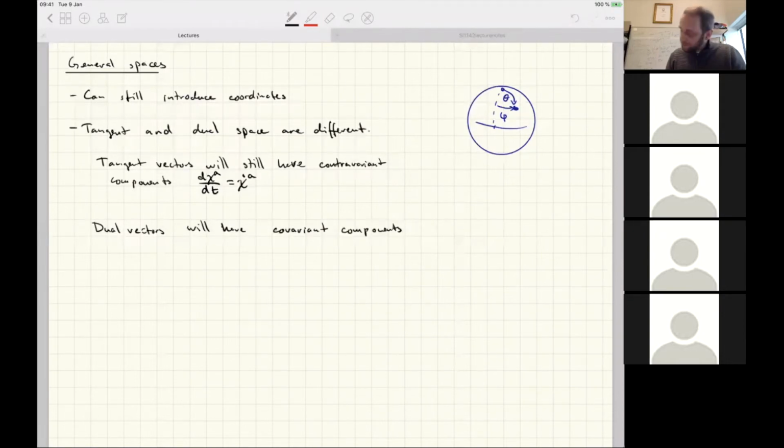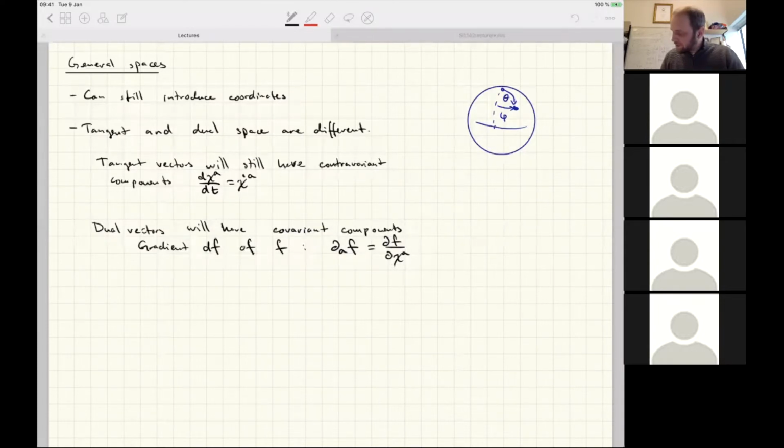So for example, the gradient of a function f, which I will call df, is going to have components ∂_a f, which as before is just the derivative of f with respect to the coordinates. And again, I'm not going to go into too much detail of what these bases actually are.